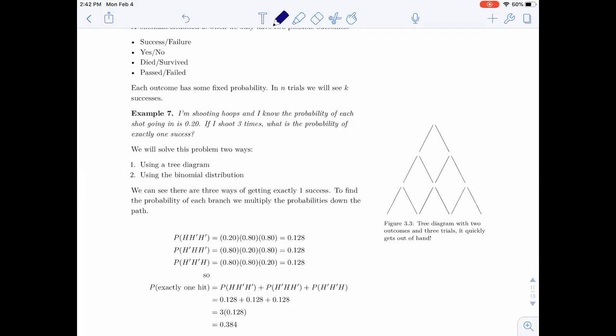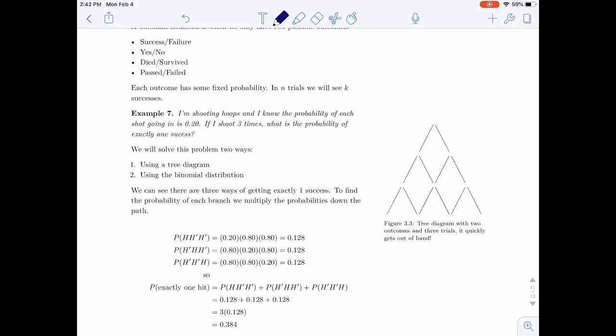I know I stole this example because I don't shoot hoops. I'm shooting hoops. And I know the probability of each shot going in is 0%. No, 0.2. If I shoot 3 times, what's the probability of exactly 1 success? We know how to solve this problem.